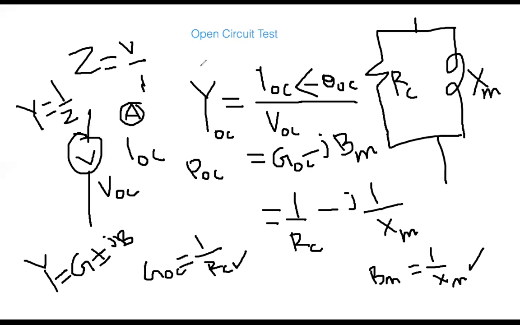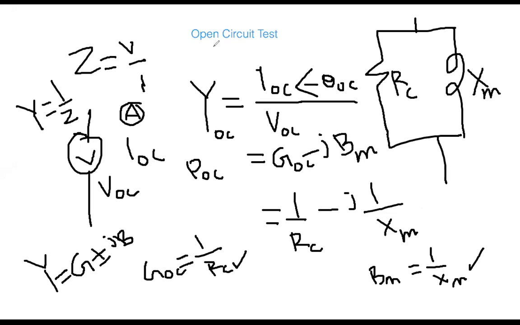Then what parameters can be obtained from short circuit test? That time you will answer four parameters: R1, R2, X1, X2. In that way, with the help of these two tests, you can find all six parameters of the equivalent circuit.